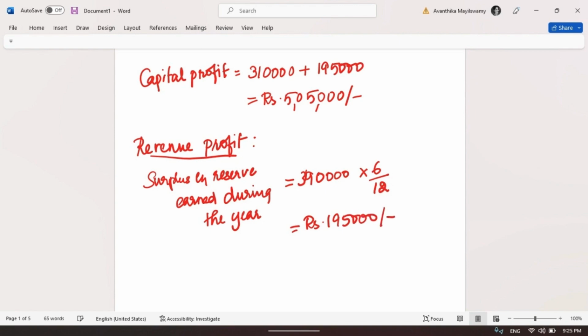So this is nothing but your revenue profit. So we have calculated the capital profit and revenue profit now.